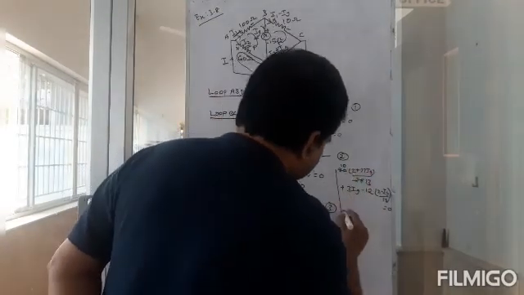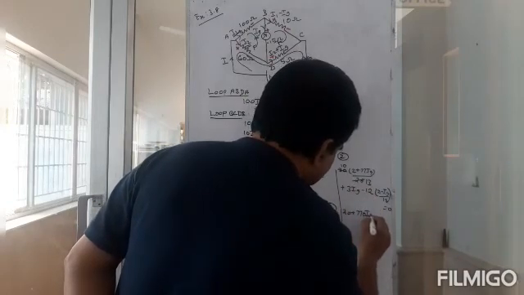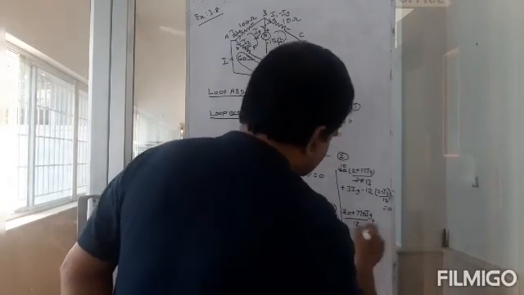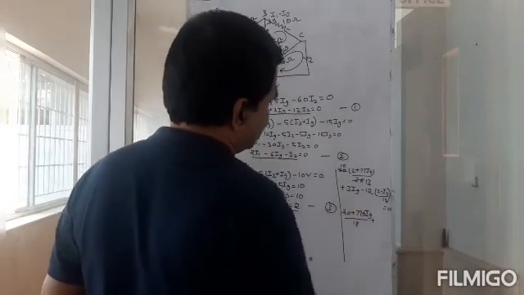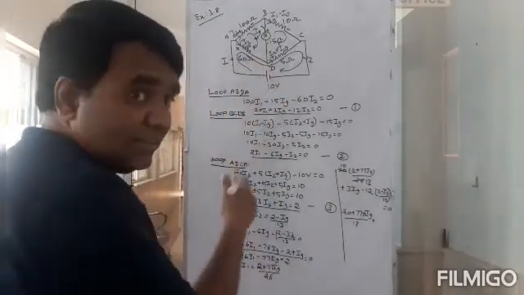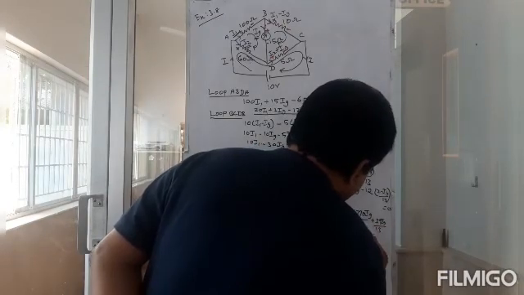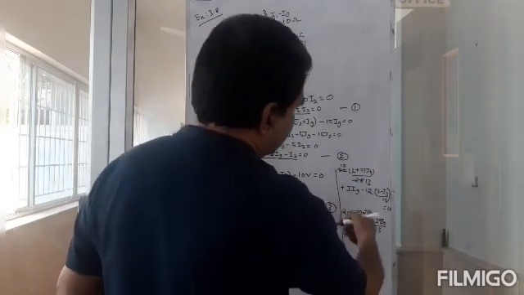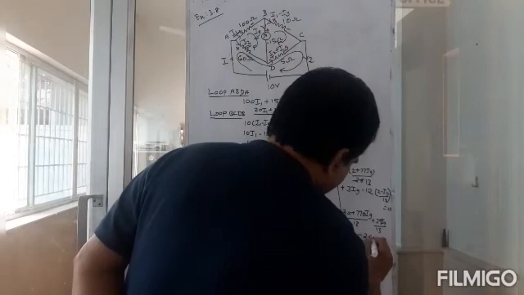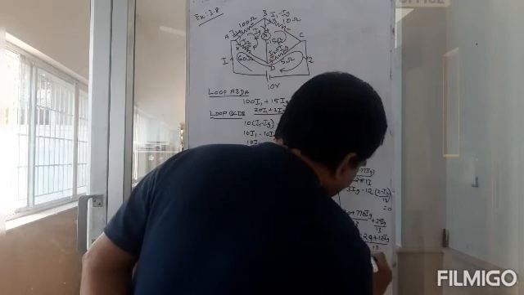So that gives me 20 plus 770 Ig by 13, and plus 3 into 13. I take LCM. 3 into 13 would be 39 Ig by 13, then minus 12 into 2, which is 24, then plus 12 Ig by 13 equals 0.